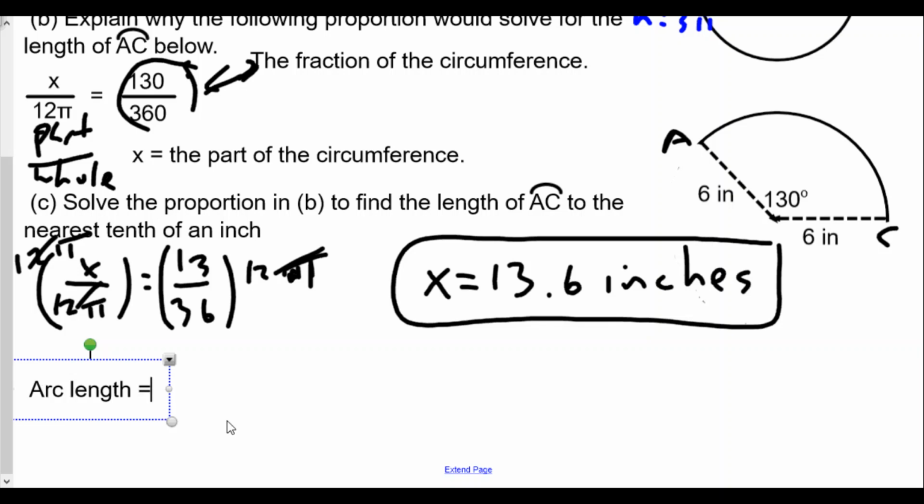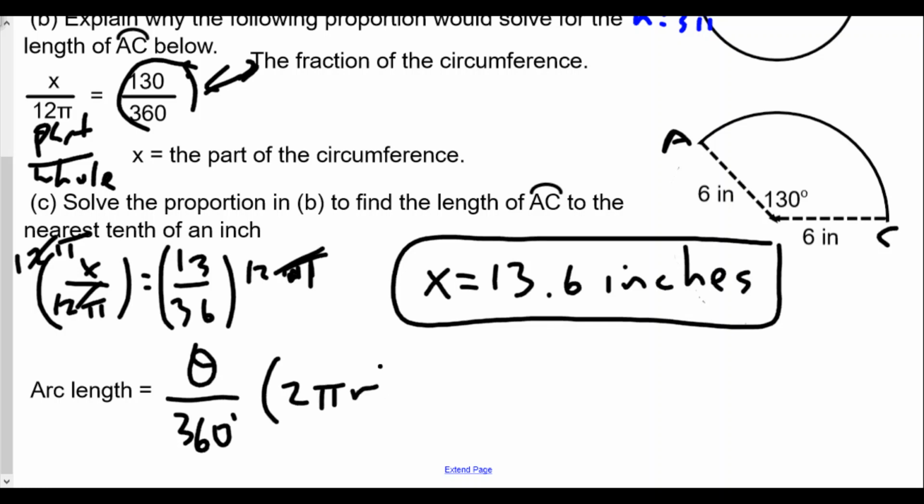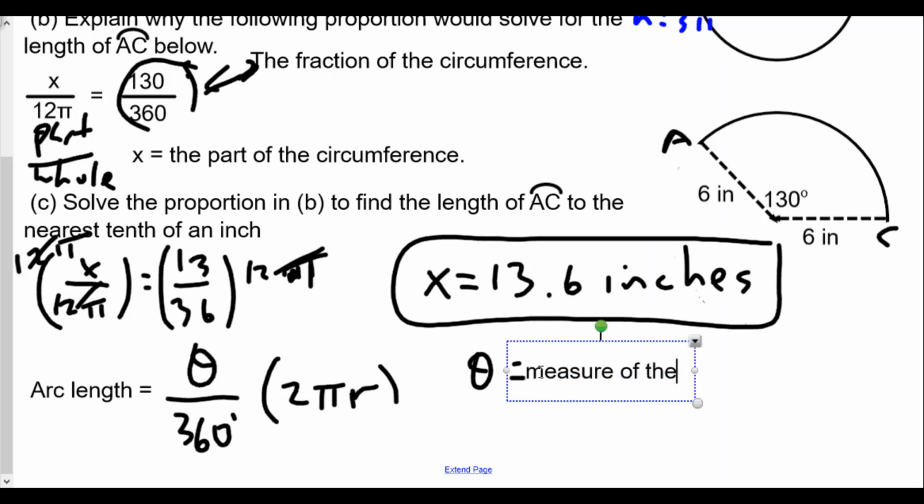So arc length will be theta over 360 times 2 pi r, where theta is equal to the measure of the central angle, which is the same as the measure of the arc.